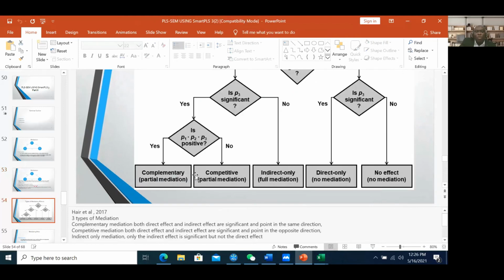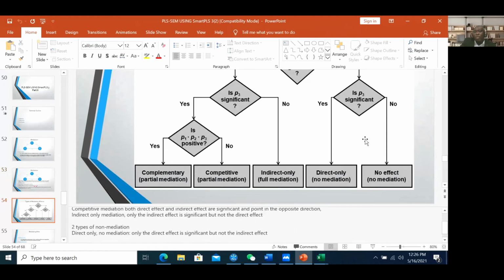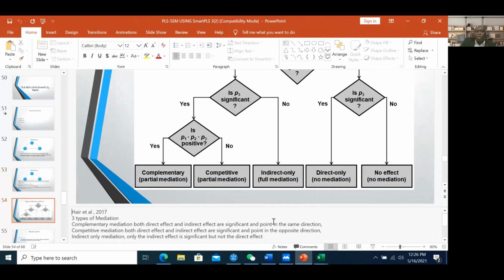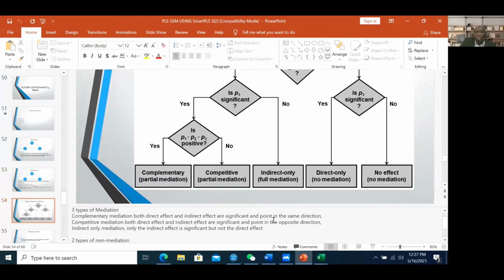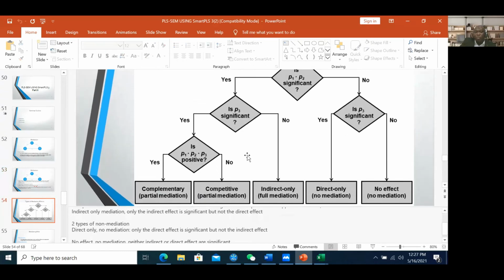So the rules for mediation. There are several types of mediation. You can have complementary mediation, you can have competitive mediation, and then you can have no mediation. From the flow charts, you see complementary or partial mediation. There are three big blocks: partial mediation, full mediation, or no mediation.